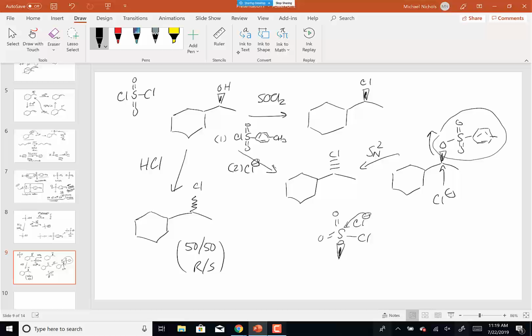So tomorrow then, for your reading, if you didn't read about Williamson ether synthesis, we're going to do that, because tomorrow is mostly about epoxides, which you just did. So we'll skip the epoxide stuff, and we'll talk about ethers tomorrow, how you make them.